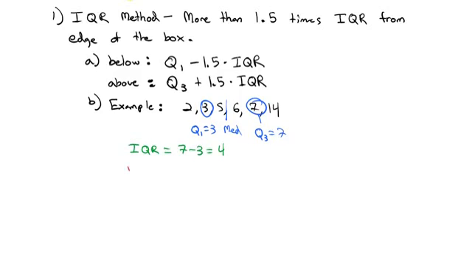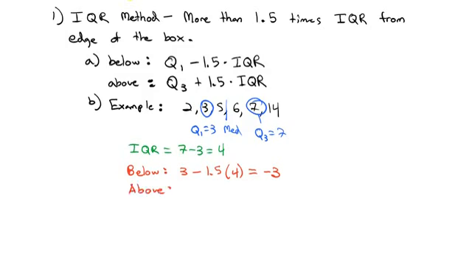This means an outlier is anything below the first quartile, 3, minus 1.5 times the interquartile range of 4. That gives us 3 minus 6, or negative 3. Anything below negative 3 would be an outlier, which there's nothing in this data set below negative 3.